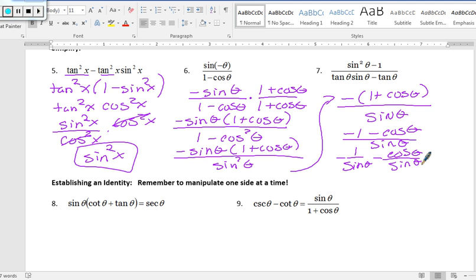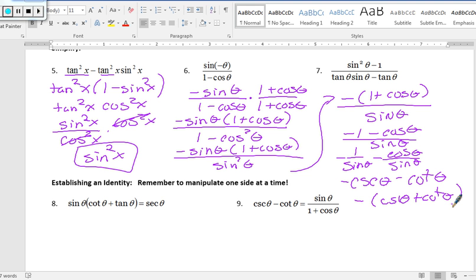And this is going to reduce to negative cosecant theta minus cotangent theta. You could also, if you want to take this answer, factor out that negative cosecant theta plus cotangent theta. That was a tough one as far as simplifying goes because you don't really know where to stop, but that's as far as we can get on that one.